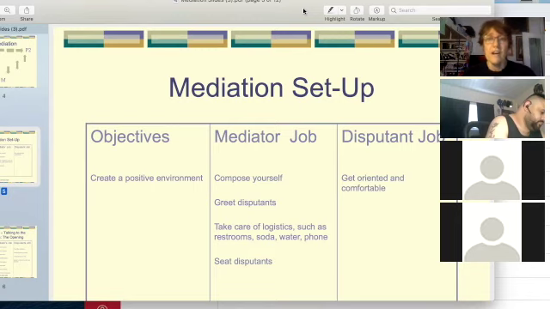Another way that people might end up in mediation is that one of the parties that are having the conflict knows about it and talks to a mediator, and then the mediator or the mediation organization contacts the other person and then tries to encourage them to come to mediation, and then they will both end up there, okay?